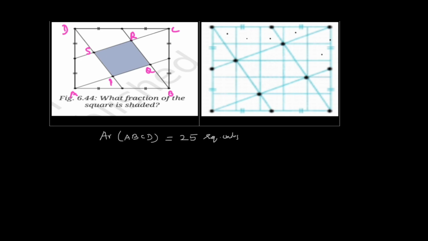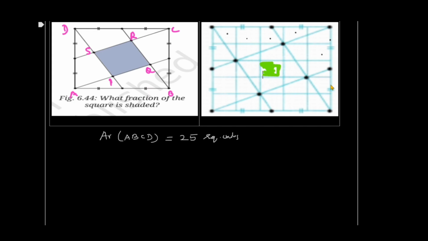So here we can see this is 1. If we shade here, this part is 1 full square shaded.